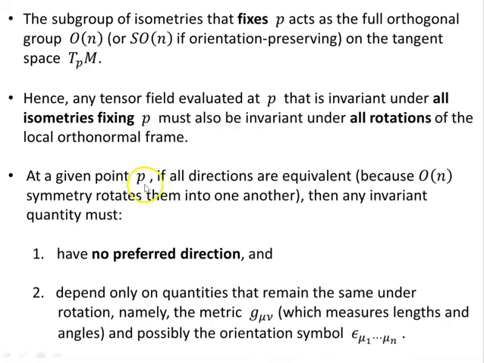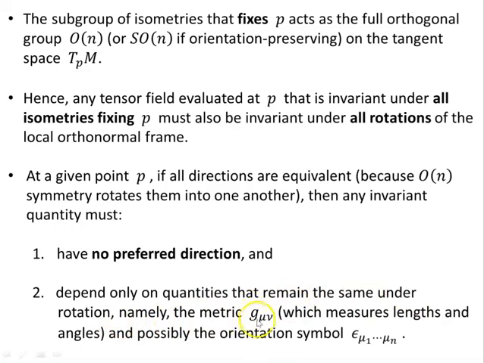At a given point P, if all directions are equivalent, because the orthogonal group O(n) symmetry rotates them into one another, because of the symmetry of the manifold about that point P, then any invariant quantity must have no preferred direction, okay, and depend only on quantities that remain the same under rotation.